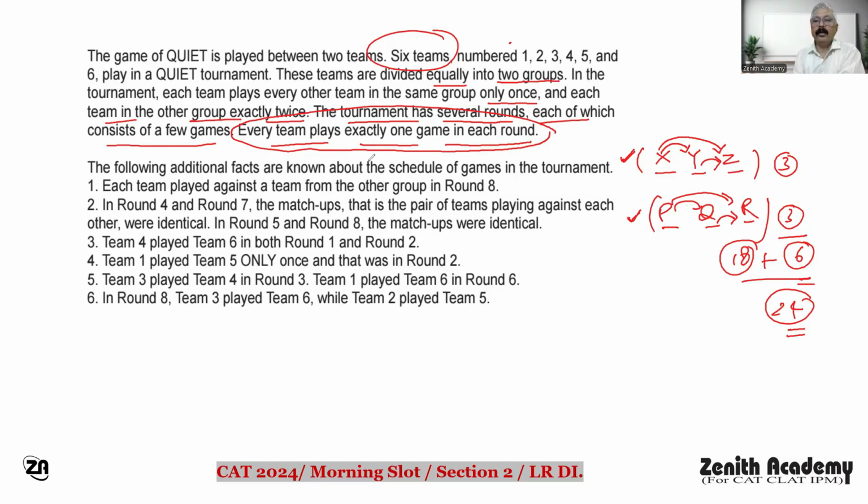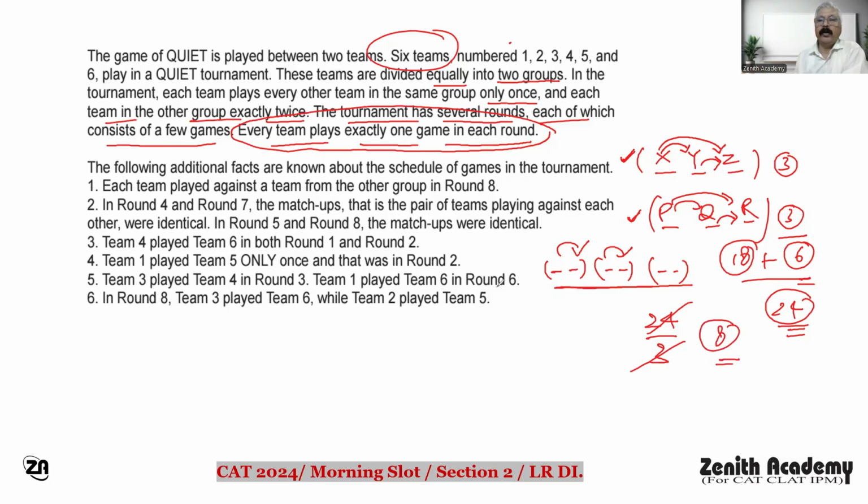If all teams play exactly one game in each round, it means there are 3 pairs of two, right? One team plays with another team. It means a total of 3 matches will be there in each round. So 3 matches in one round and the total matches 24. It simply suggests there are 24 divided by 3, which means 8 rounds. Correct? So now it is clear there are 8 rounds in this tournament.